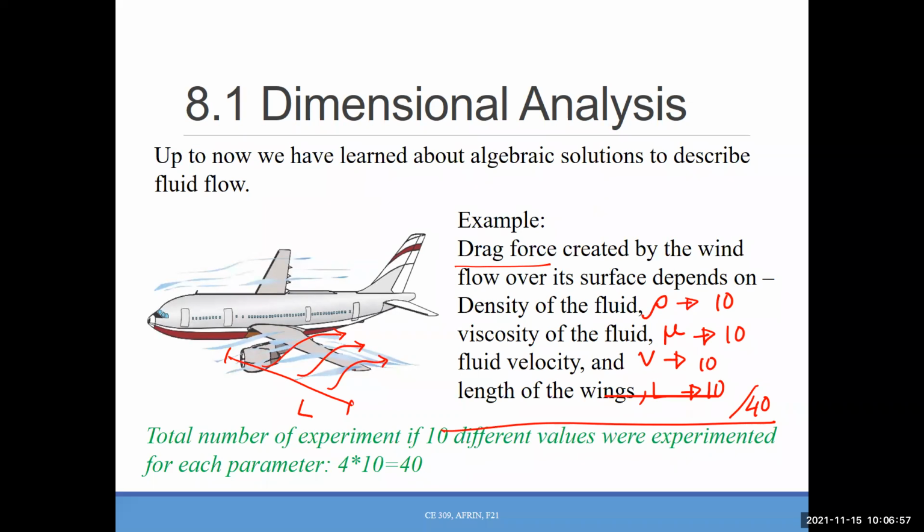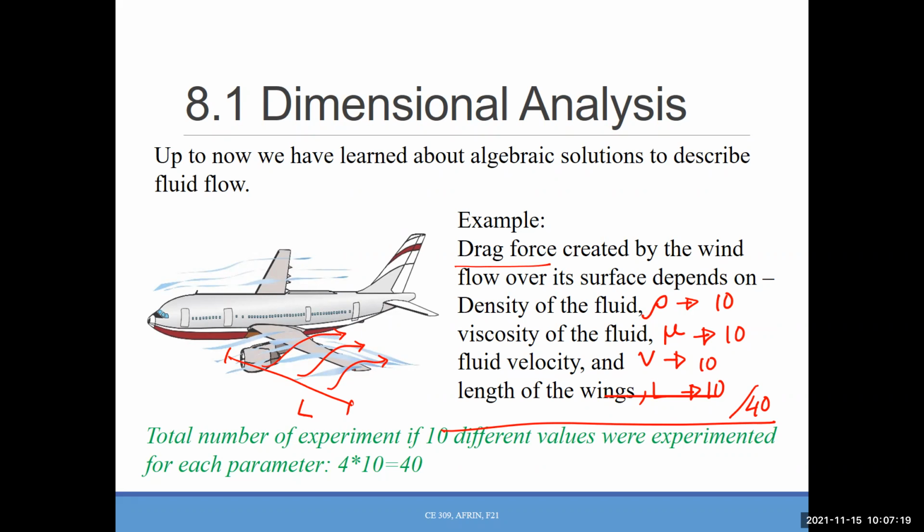So if we could come up with something to reduce the total number of tests, it will be beneficial for everyone, in money and in work power. At that point, dimensional analysis can help you. It can actually reduce the total number of variables.